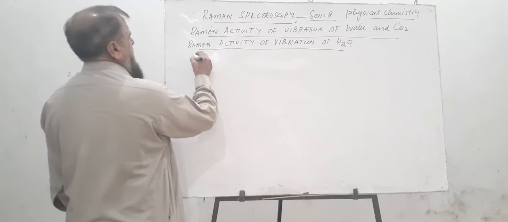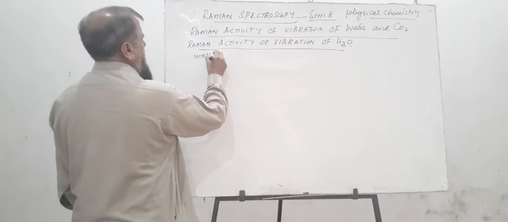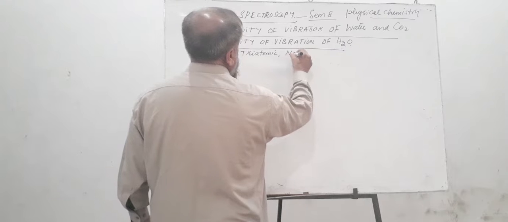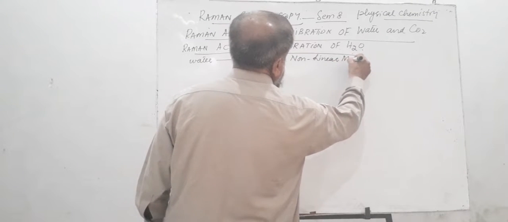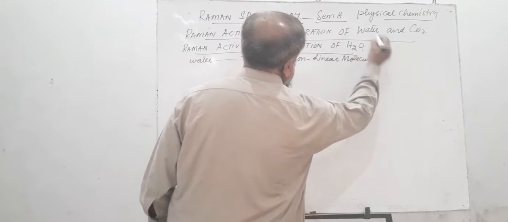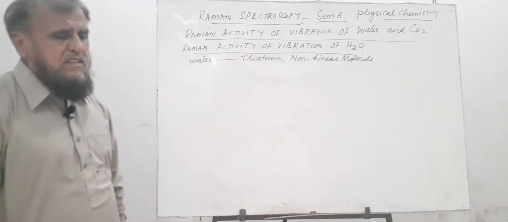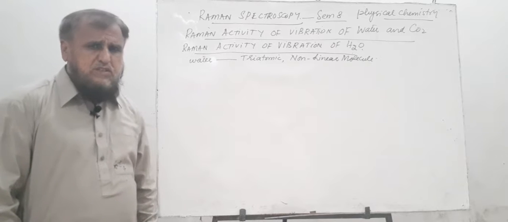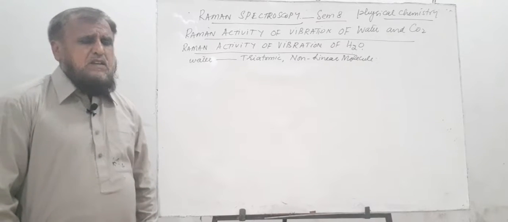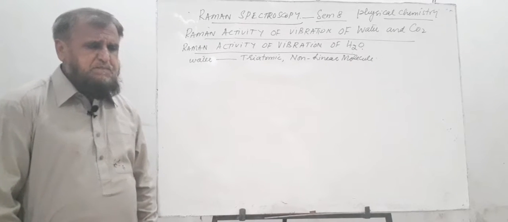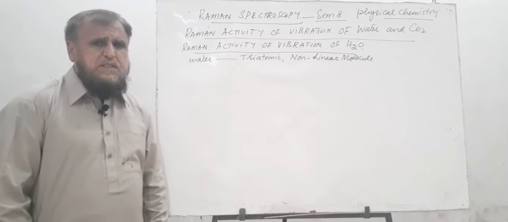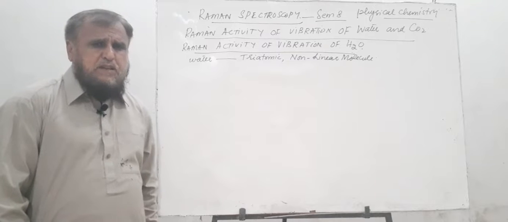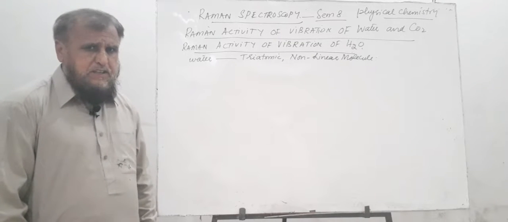Water is a triatomic non-linear molecule. We had already discussed while studying infrared spectroscopy and rotational spectroscopy about the degrees of freedom. Degrees of freedom are the number of coordinates which are required to describe the position of a particle.